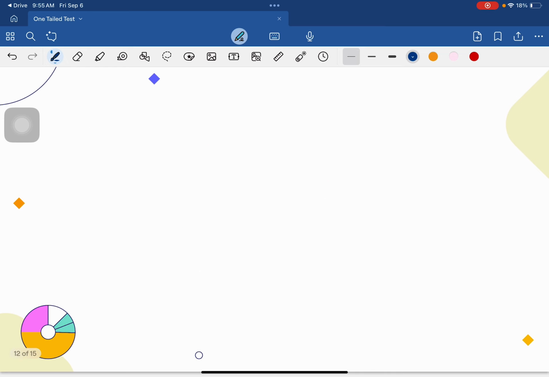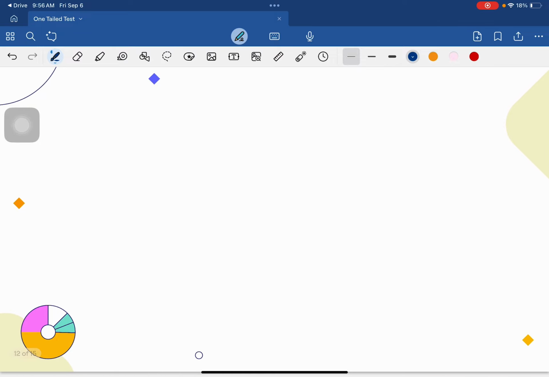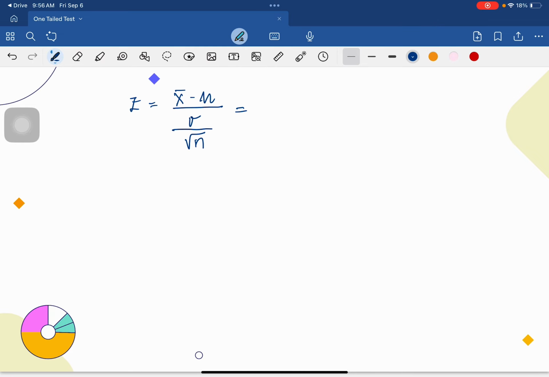Okay, next step will be to solve for the z-value. So our z is equal to the sample mean minus the population mean, all over the standard deviation over the square root of n. So we'll just substitute our values from the first slide: 76 minus 72, all over 9 over the square root of 35.